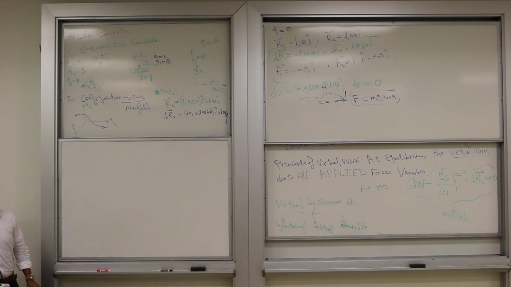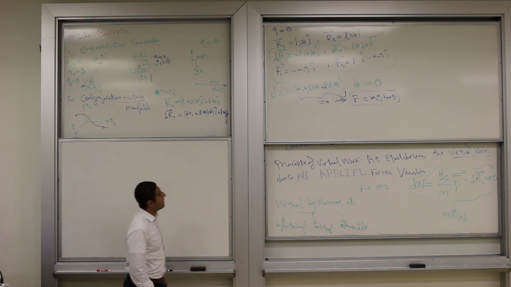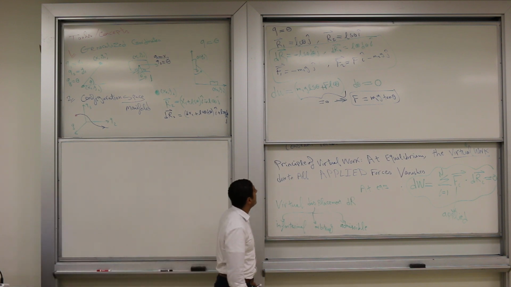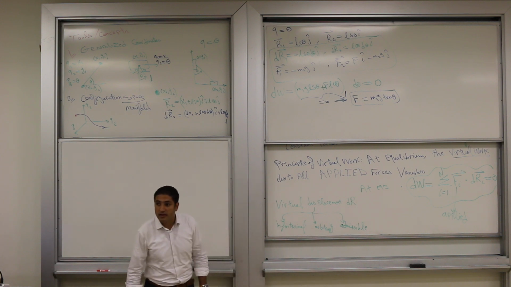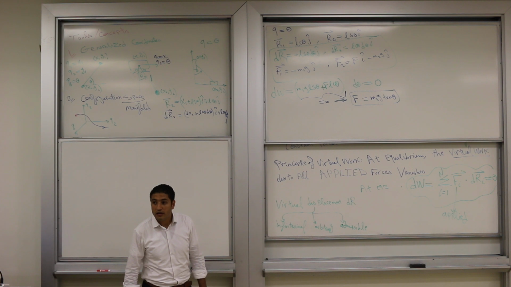Yes, Ken? So for that question, for F1 and F2, we need to list all the forces exerted on the mass. You need to what? We need to have all the forces. All the applied forces acting on each mass, yes. Ignore the constraint forces. Even though the M2 is in the y direction.